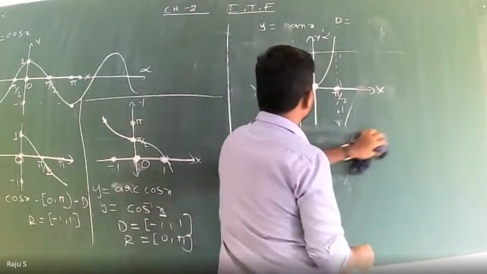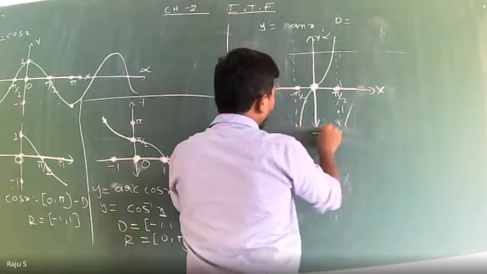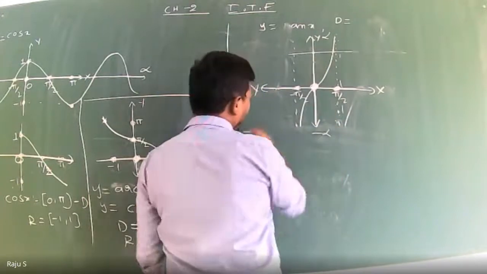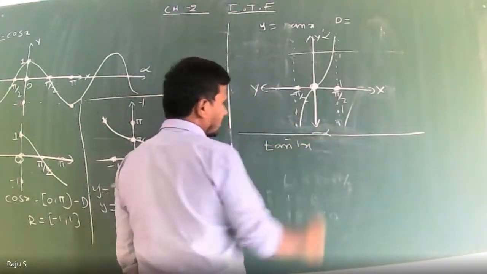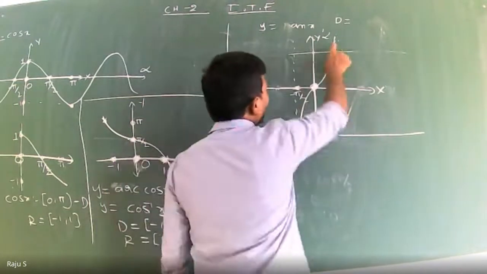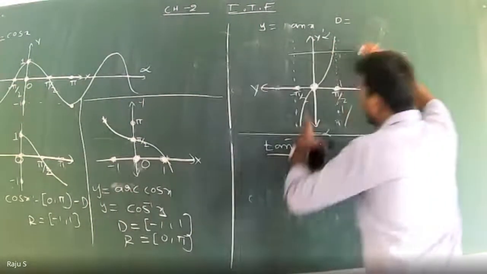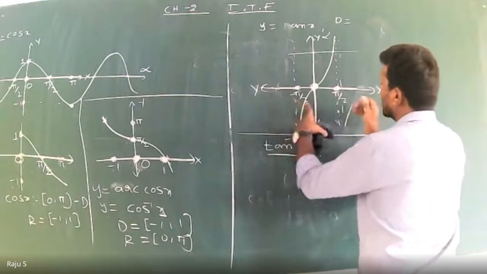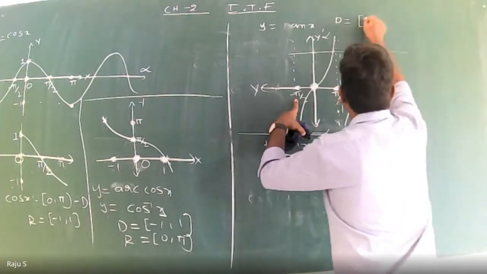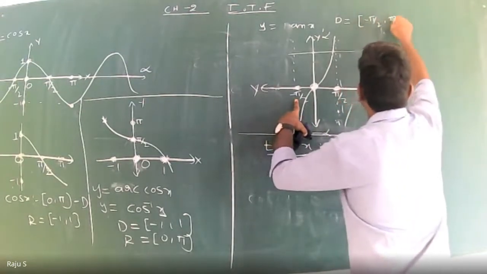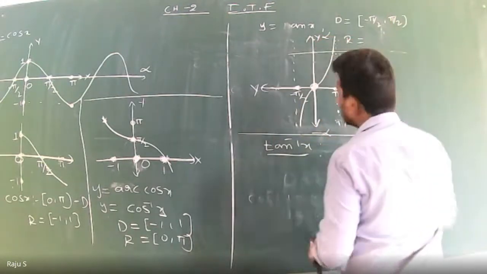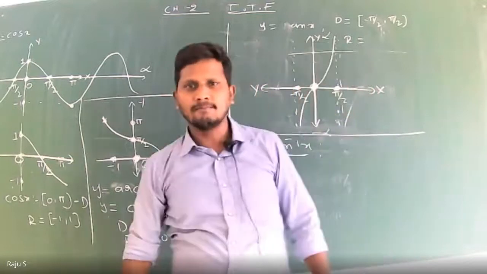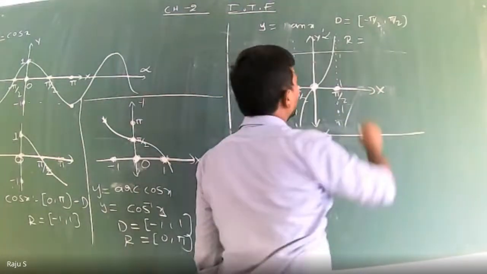Then what about the inverse function? I restricted minus infinity to plus infinity. Then for tan inverse x, clearly I told you, what is the domain? The domain I am taking in tan x, after restriction, is minus 90 to 90. What is the range? Same range is what?